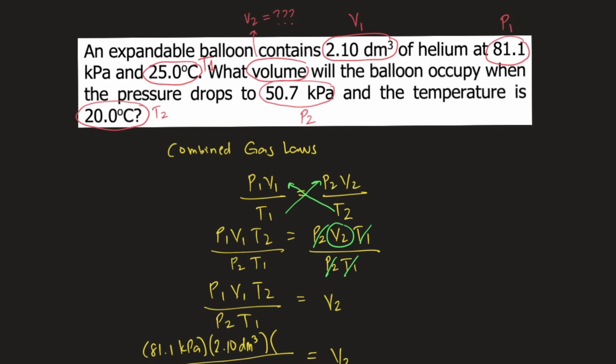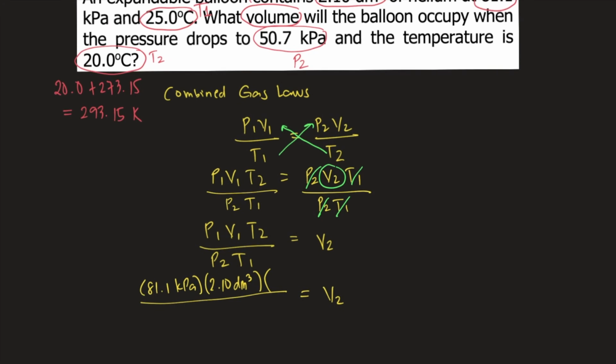So you need to add 273.15. So 20.0 plus 273.15, this is equal to 293.15 Kelvin. So don't forget to convert your temperatures into Kelvin. So T2 is 293.15 Kelvin.